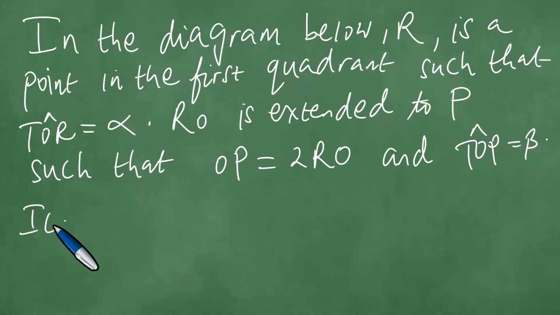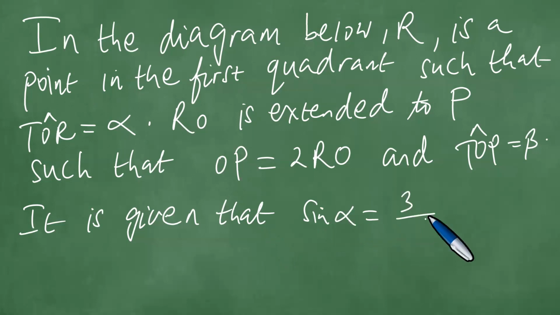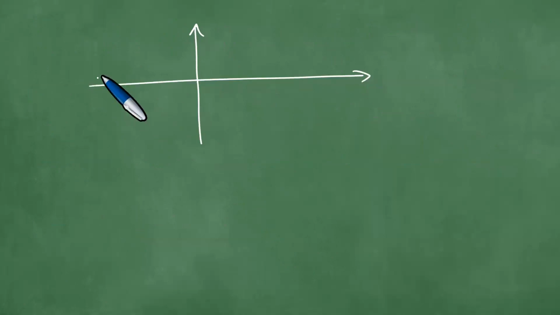It is given that the sine of alpha is 3 out of 5. And we have this here, the y-axis.